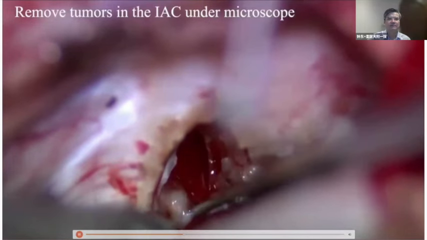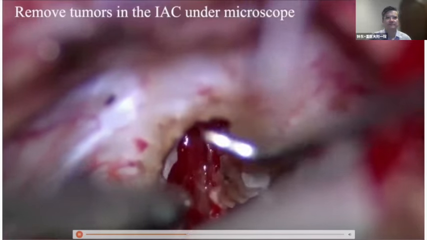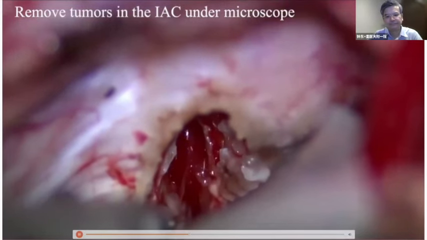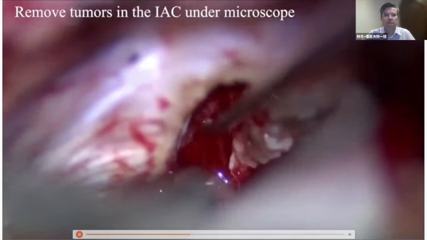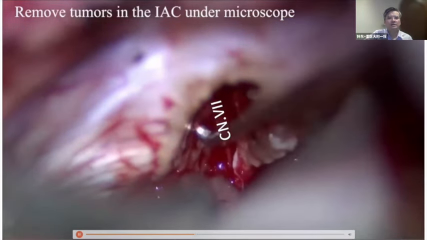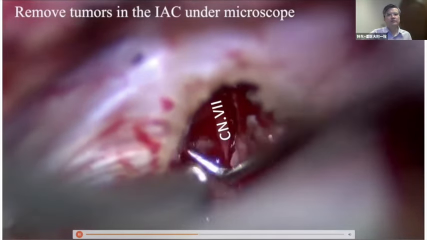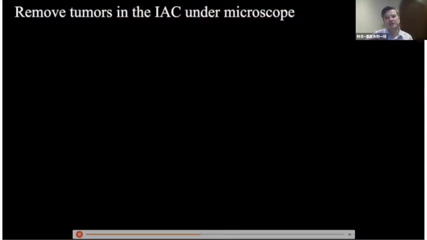At the same time, we strive to protect the facial and the cochlear nerves. Bipolar stimulator was used to confirm the facial nerve during the operation.